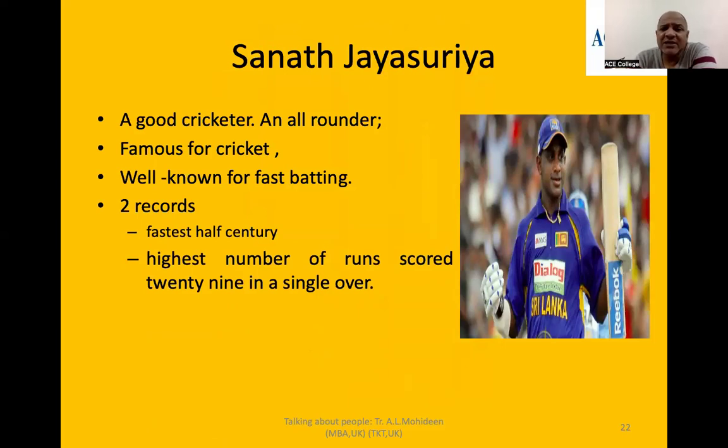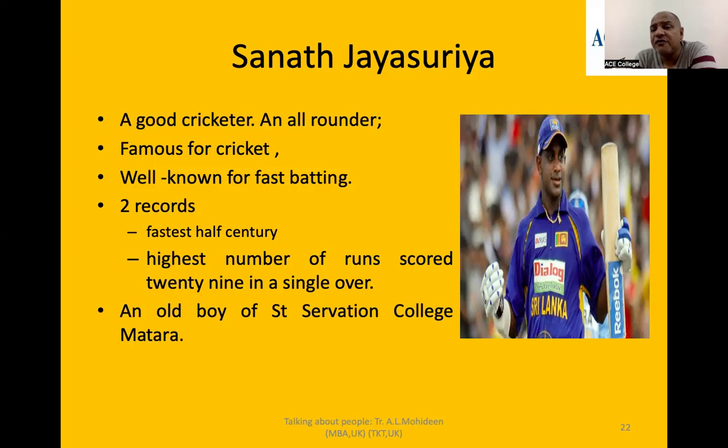Good cricketer, all-rounder, famous for cricket, well known for fast batting, records, two records, fastest half century, highest number of runs, 29 runs in a single over, old boy, St. Servatius' College Matara. So this is the information you have to remember if you are going to talk about this guy.